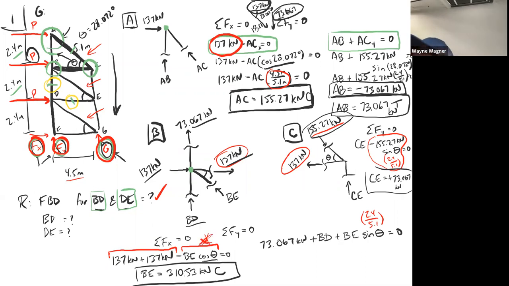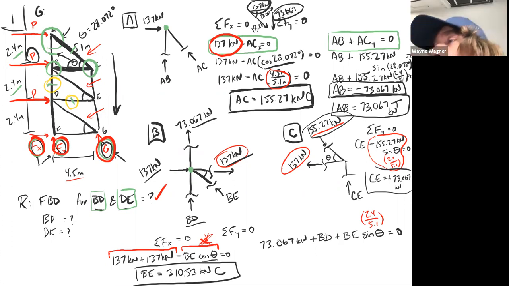Okay, so we'll do 310 times 2.4 divided by 5.1. And again, you could just do the sine of 28 if you preferred. That is a really big number. Oh, because I multiplied by 24, sorry. Divided by 5.1. Okay, and we'll add 73.